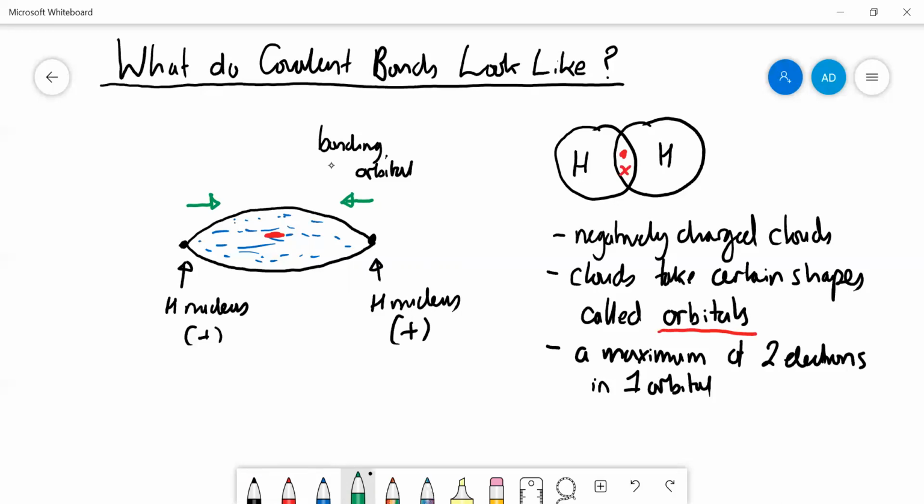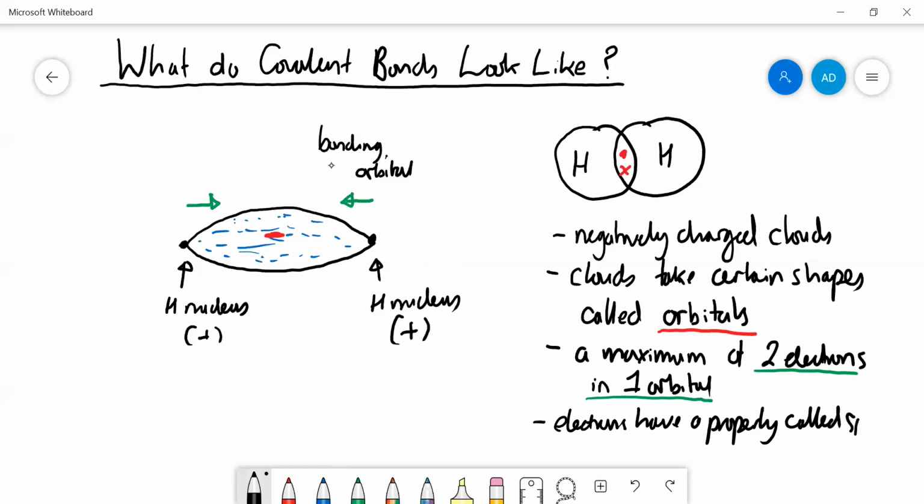Now, I said you've got a maximum of 2 electrons in one orbital. You may think, well, how can you fit 2 electrons in there when they're both negatively charged? Surely they'll repel each other. Well, electrons have this property called spin. Now they're not really spinning round.